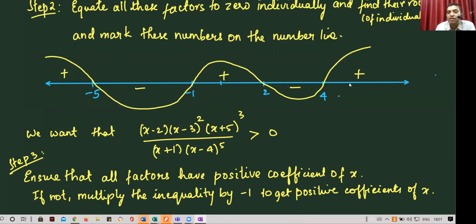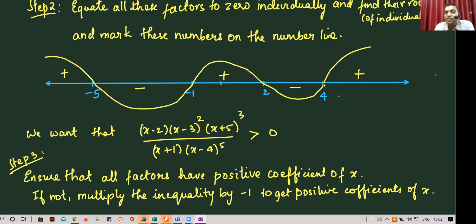That means all factors are positive because x is the largest number. If x is in this region, let's say you choose 6. So 6 minus 4 positive, 6 minus 2 positive, 6 minus of -1 positive, 6 minus of -5 positive. So that's why you get plus.